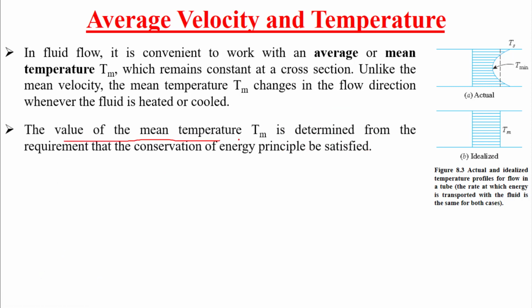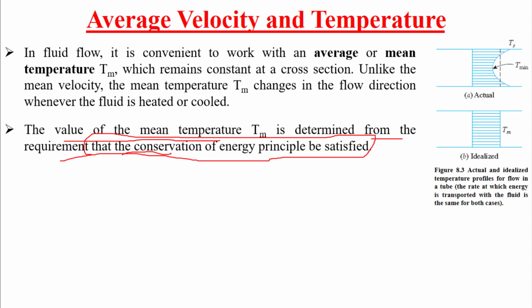The value of the mean temperature is determined from the requirement that the conservation of energy principle is satisfied. So for deriving the equation for V average, we benefit from the conservation of mass equation.